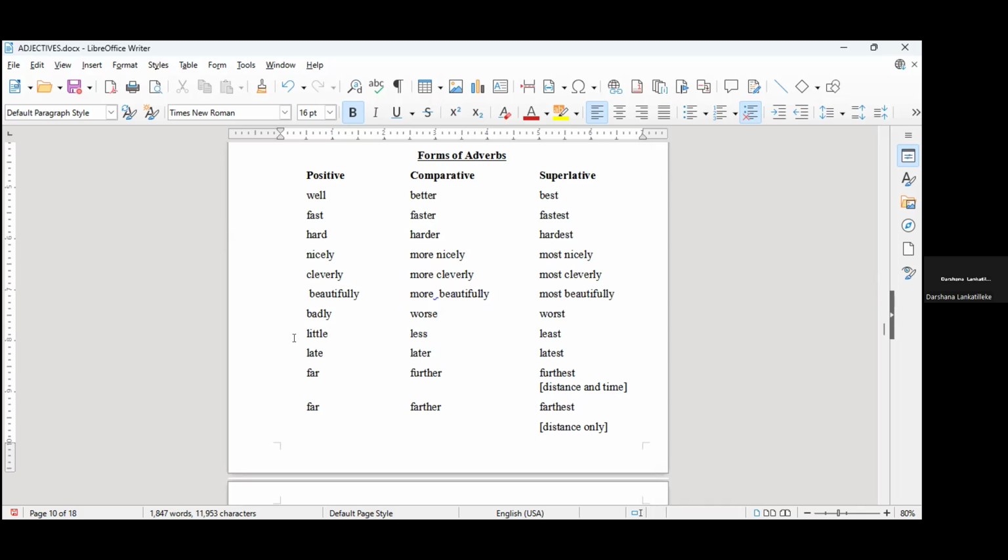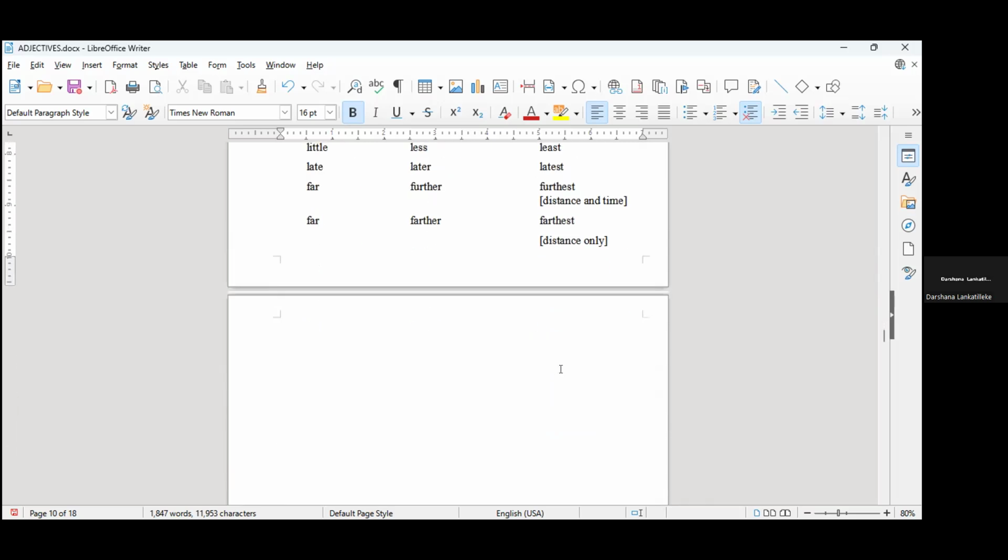Then farther, F-A-R-T-H-E-R, right? F-A-T-H-E-R is father, that is dad. Farther, F-A-R-T-H-E-R, means distance. Okay. Farthest means distance only, not time.